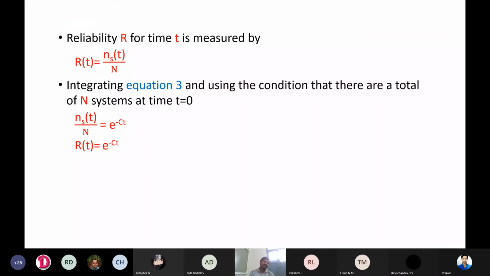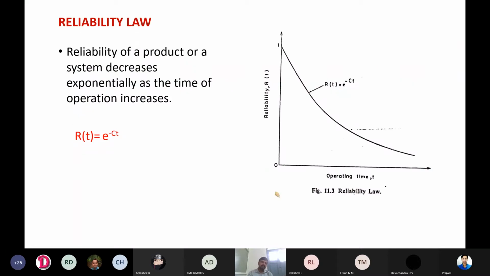Don't worry much about this derivation. The only thing is you have to remember some equations which are required to solve problems. That's enough. Next, this equation R(t) is equal to e power minus ct is considered the reliability law, which states that the reliability of a product or a system decreases exponentially as the time of operation increases.